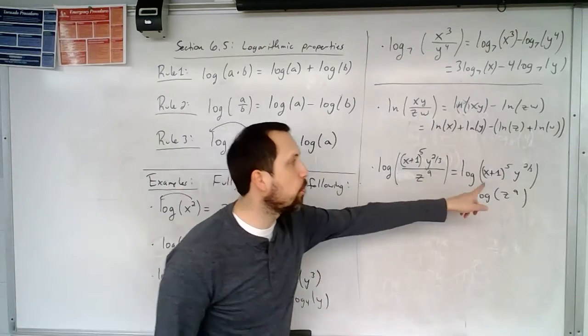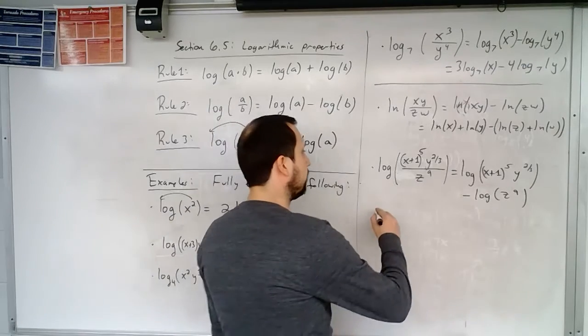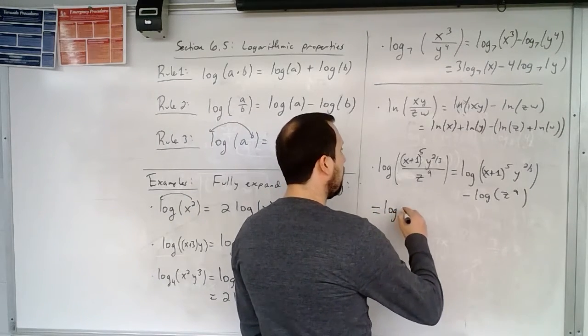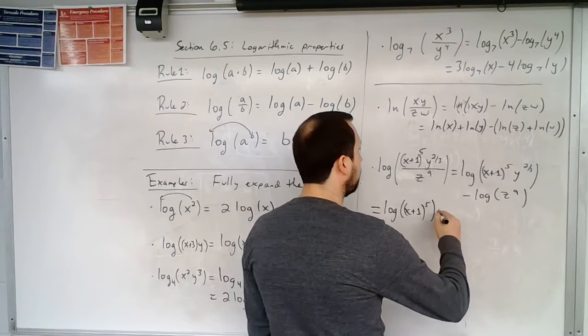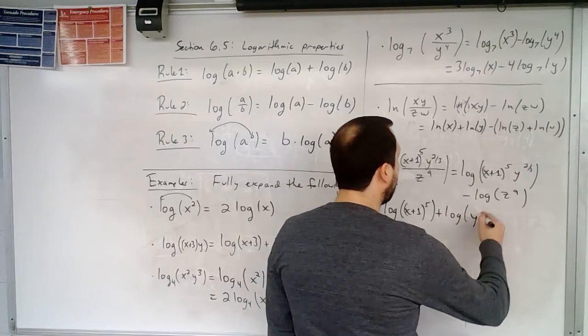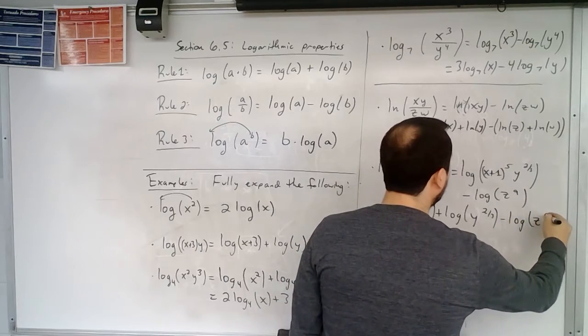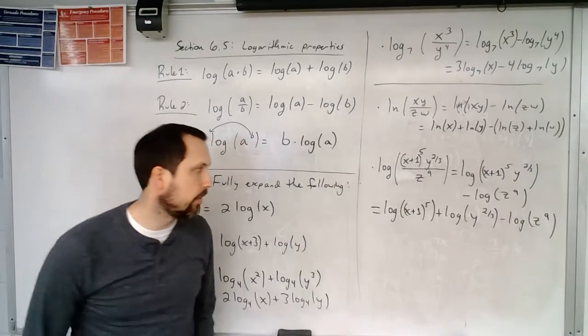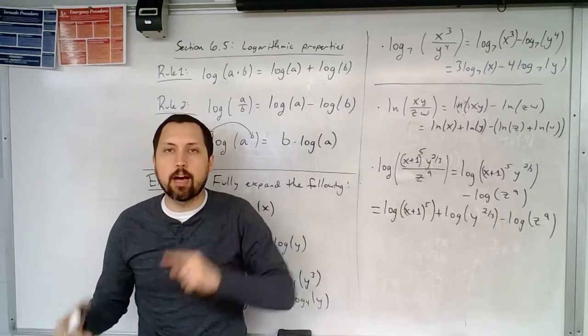Then with this one, the next operation I can do is multiplication. So I'm going to do that. So now I have log of x plus 1, this is raised to the 5th power, plus log of y to the 2/3 minus log of z to the 9th. So now I have this fully expanded with multiplication and division that I'm allowed to do.